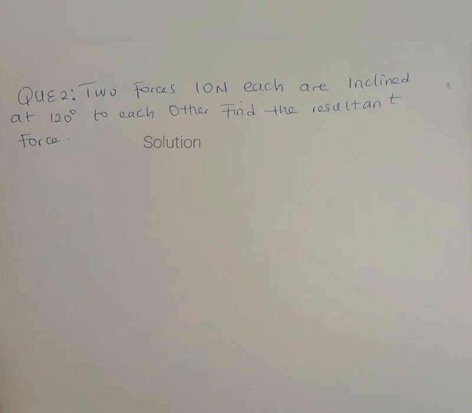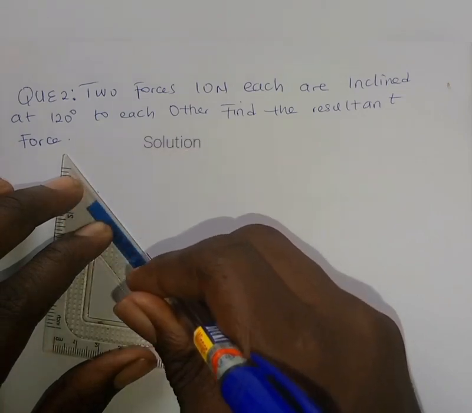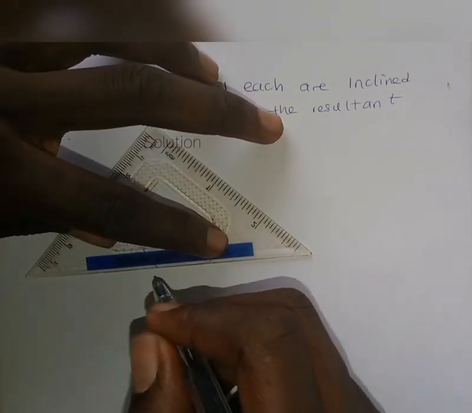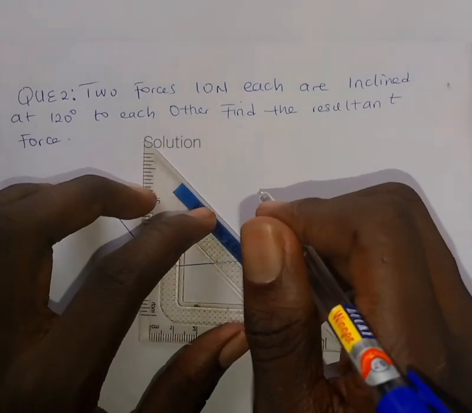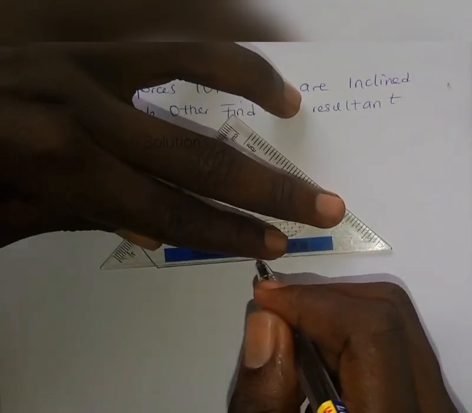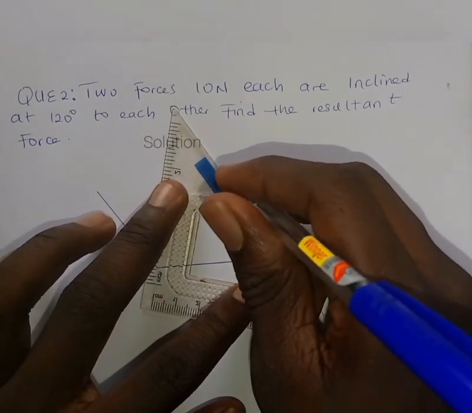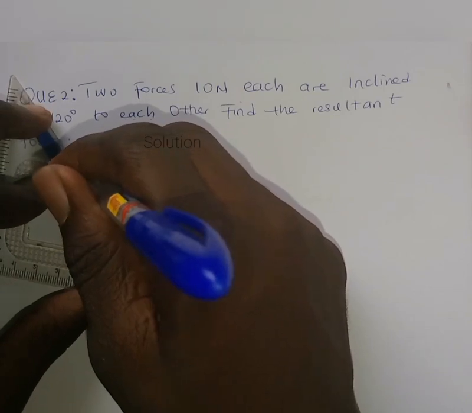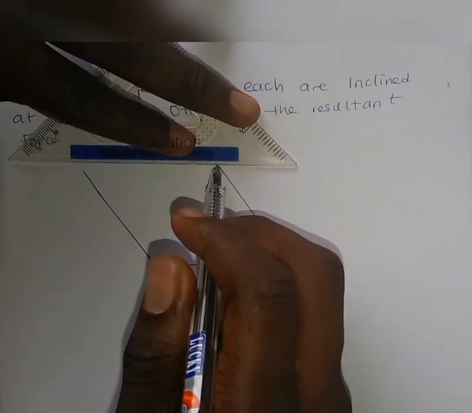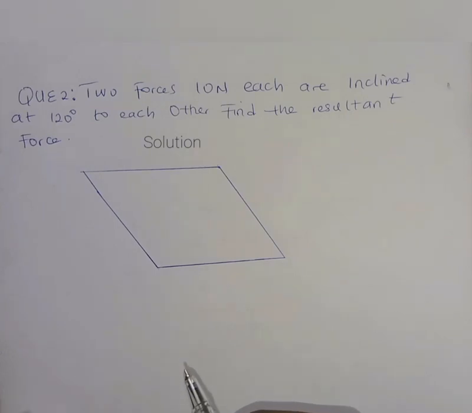So now let's do this. 10 Newton each are inclined at 120 degrees. So let me draw the parallelogram. Now this is the parallelogram.